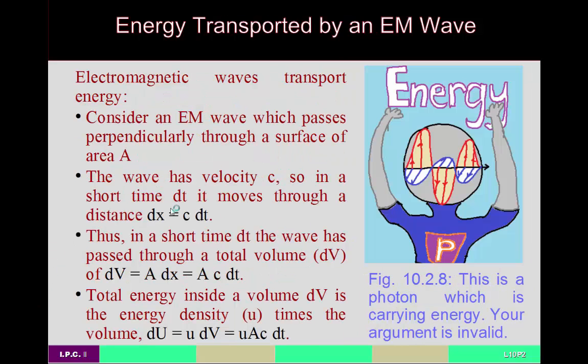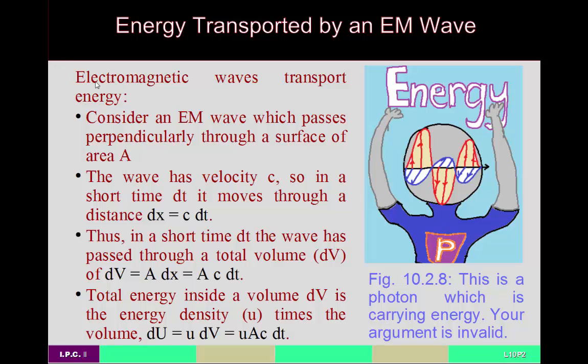So I wanted to talk now about how much energy is being transported by an electromagnetic wave. Electromagnetic waves, it turns out, are going to be transporting energy. That follows from the fact that we have an energy density for an electromagnetic wave, which is what we found on this previous slide. So if you multiply that density times the volume, you've got a total energy.